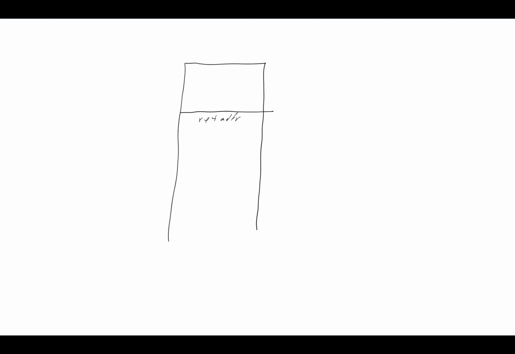So we have the return address, we have the old base pointer, and then we have the parameter, and then any local variables.